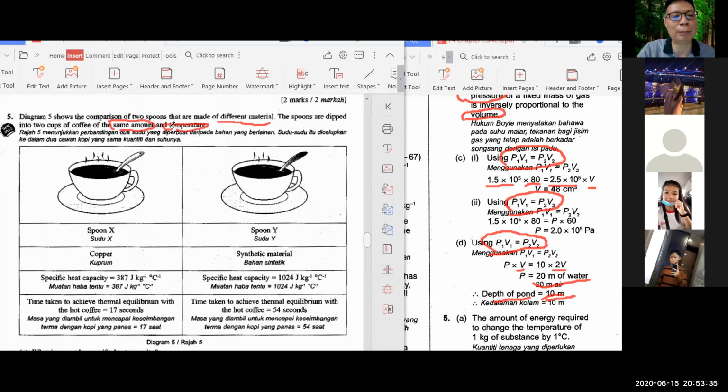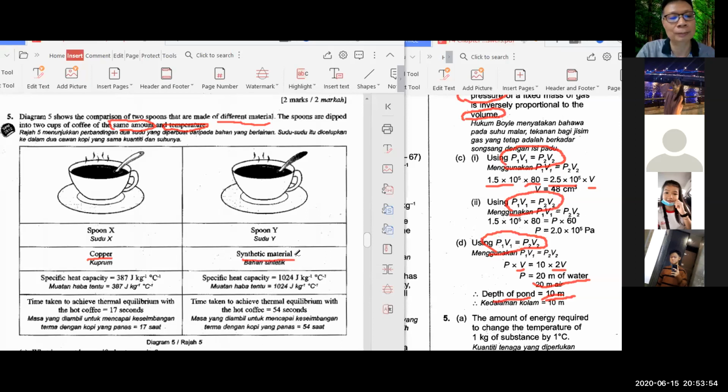The only difference here is the material of the spoon. You can see here, spoon X, spoon Y. This one is copper. This one is not aluminum, but synthetic material.